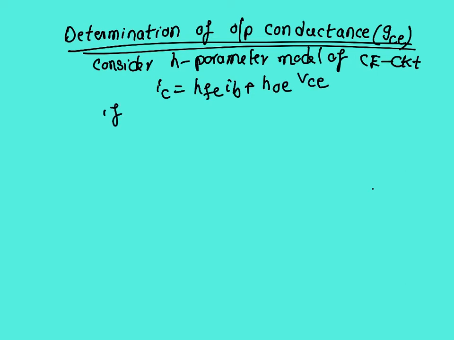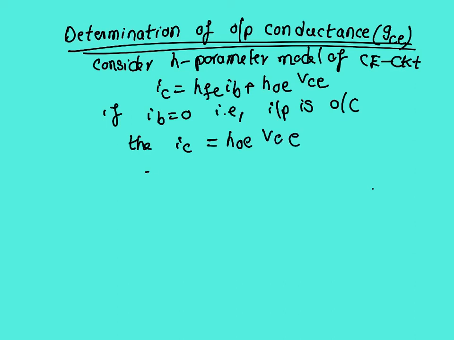If IB is equal to 0, that is, the input is open circuited, then IC is equal to hoe into VCE. So from this relation, hoe can be written as IC by VCE.